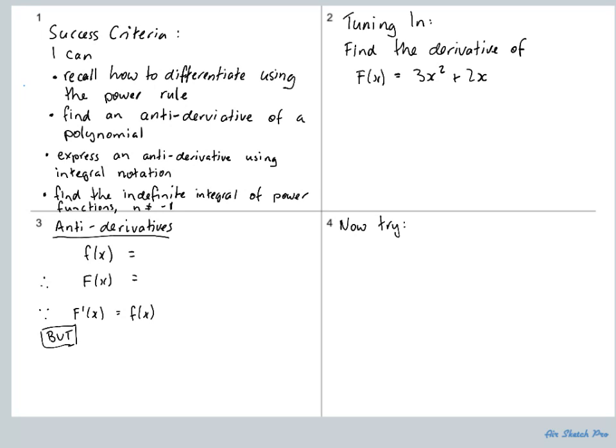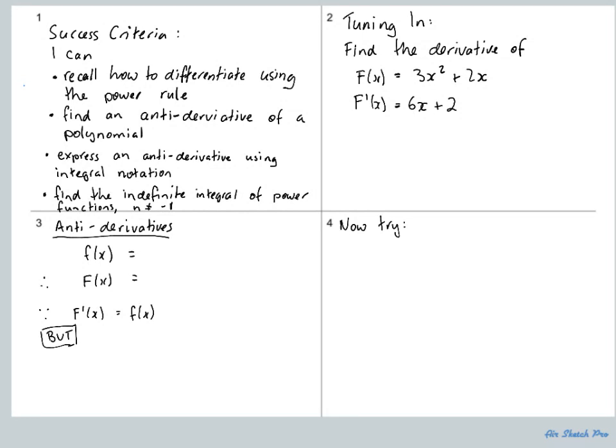So if F of x is equal to 3x squared plus 2x, then you should have got f dash of x equal to 6x plus 2. Is that okay with everyone? If you got that, very well done. That's a good recall. And if you did manage to get that, that's basically that first dot point, really.